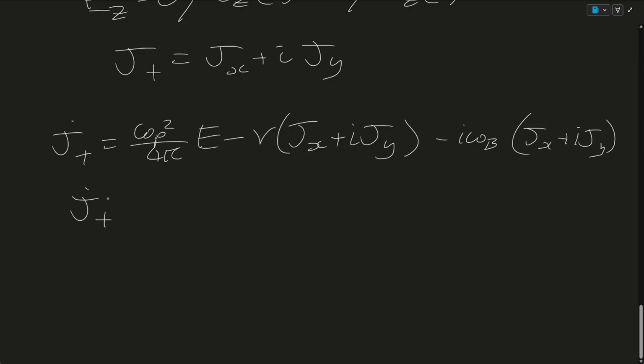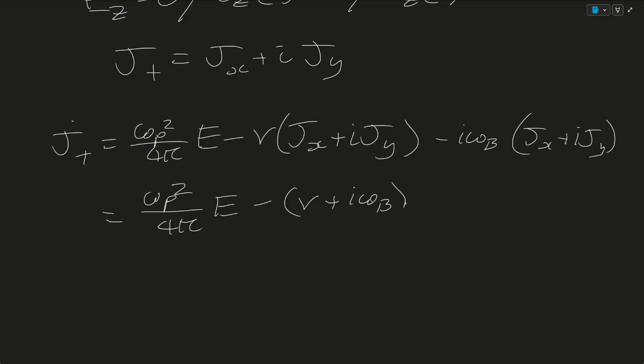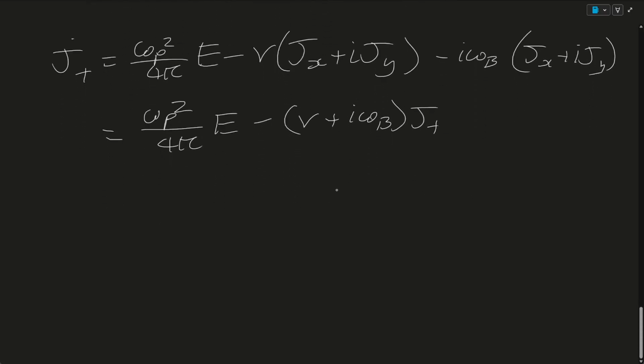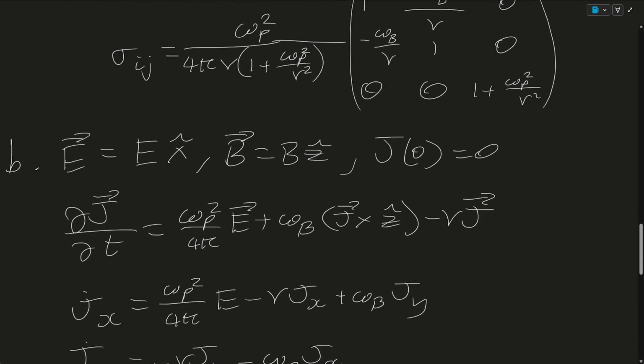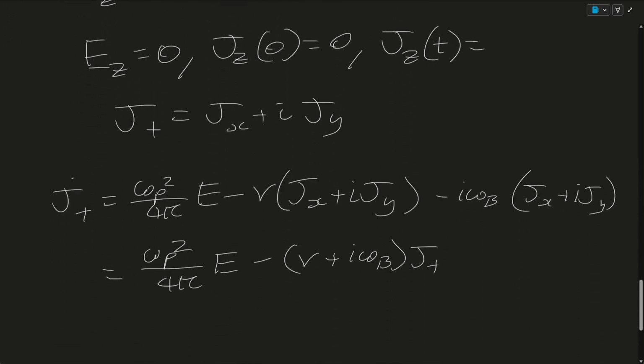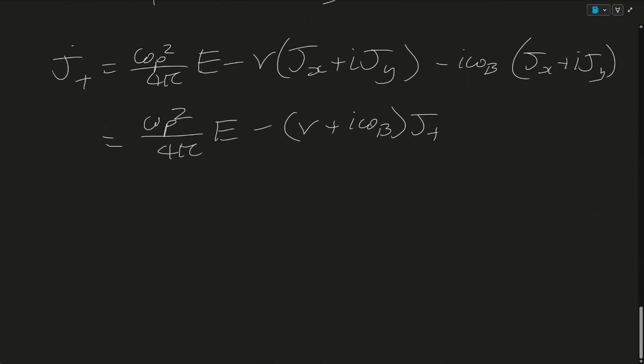J dot plus is then equal to omega p squared e over 4 pi, minus nu plus i omega b, times J plus. For obvious reasons, I think. And that gives us a first order differential equation in J plus.